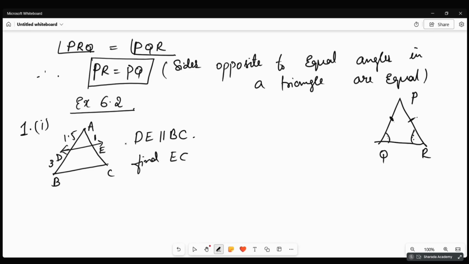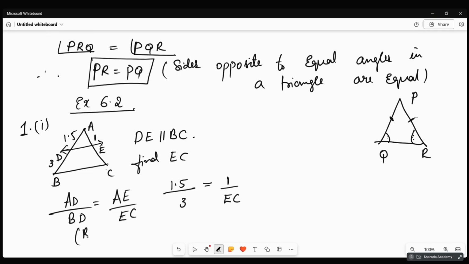Find EC. So by BPT theorem, DE parallel to BC means AD by BD is equal to AE by EC. Okay. So what is AD? It is 1.5. BD is equal to 3. So that is equal to 1 by EC.